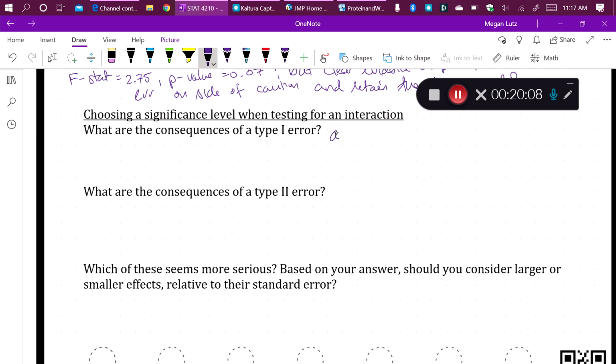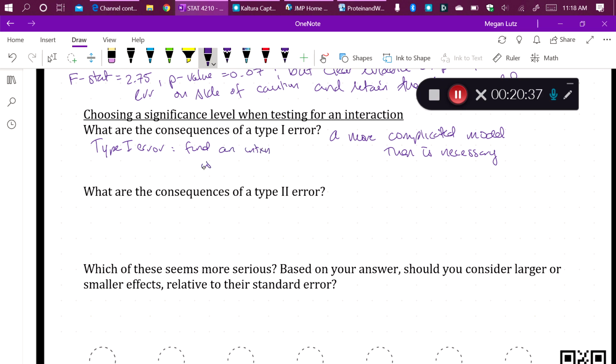It just means we have a more complicated model than we need. We'd be including an interaction term that isn't really necessary. So a type 1 error, to repeat, is when we say there's an interaction when there really isn't one, and the results include a term that isn't necessary in the model.